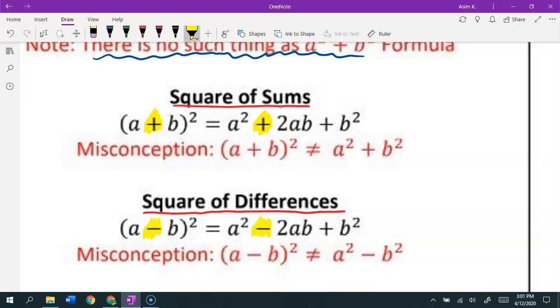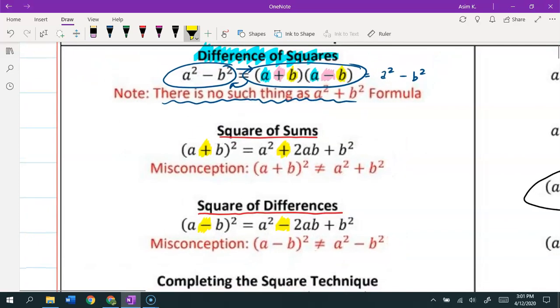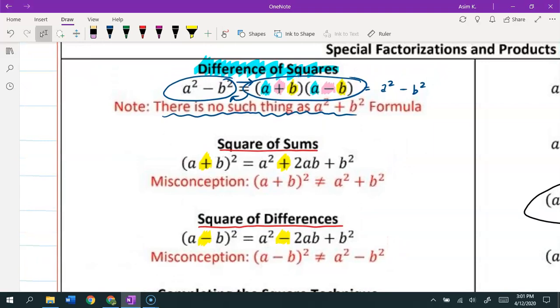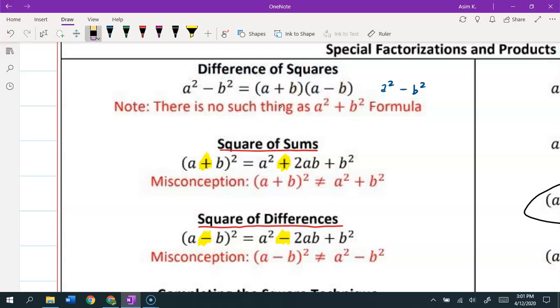Now, I know that the words tend to confuse people, so let's back out a little bit and talk about this one last time before we try a handful of questions. The top one says difference of squares. What it's really doing, and it's quite rewarding to think of it this way, is taking a plus b and multiplying it by a minus b.